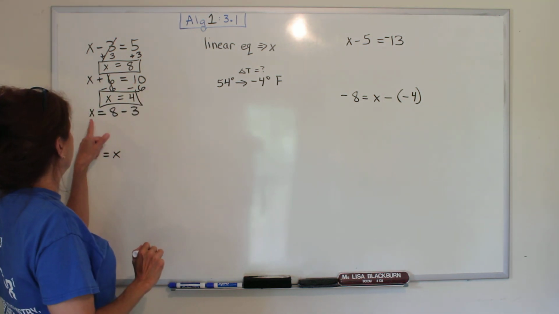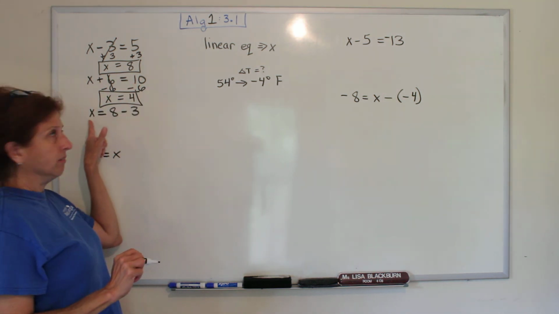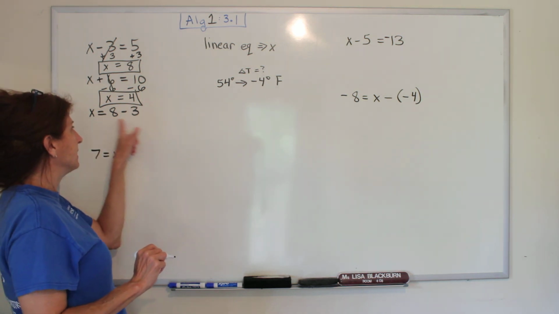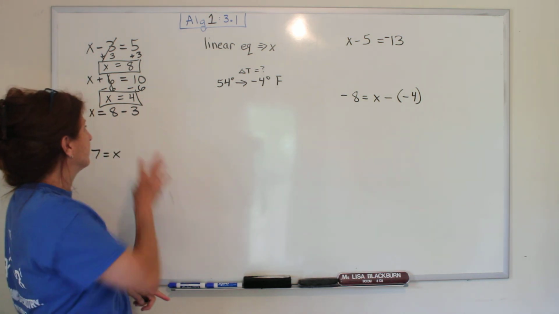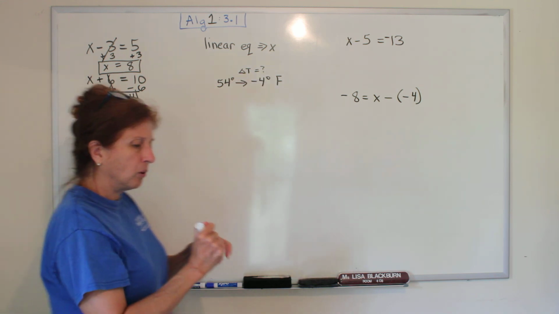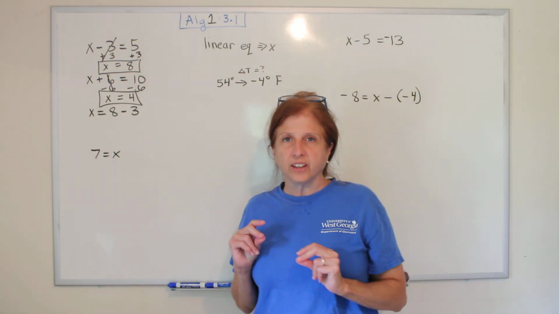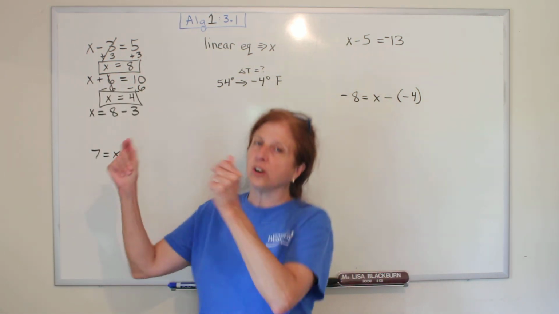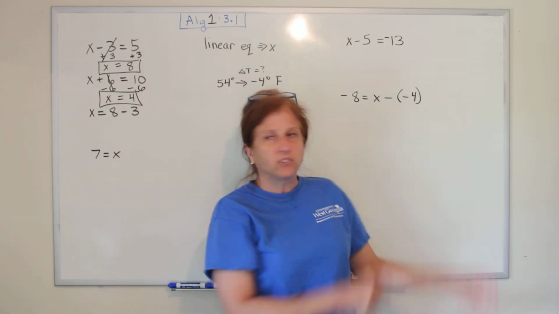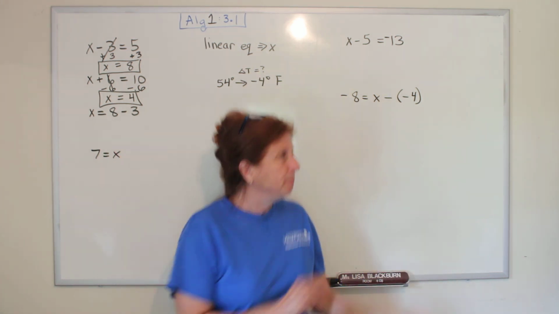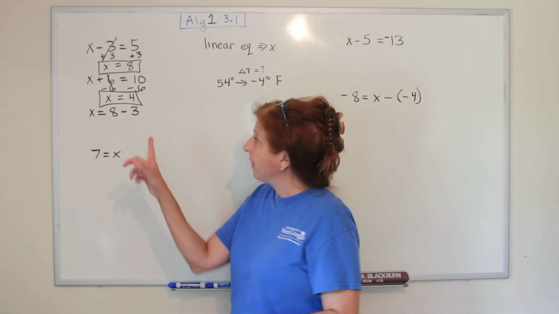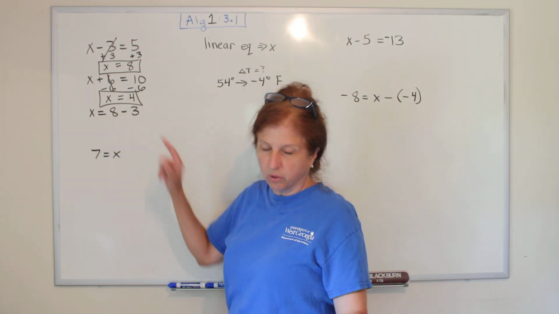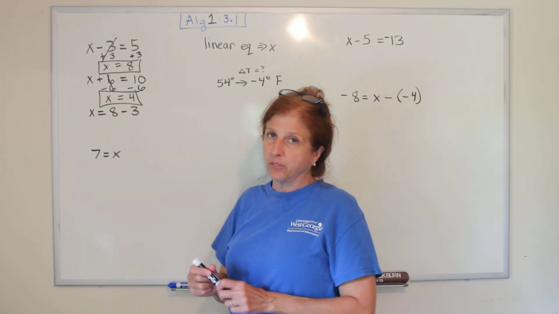Okay, let's try another one. X is alone, but this is not one thing, it's two things. So here what we actually need to do is sing and dance. Gathering up your terms, 2 on each side, stowing away the time. Because we're going to gather up these terms of 8 and -3.